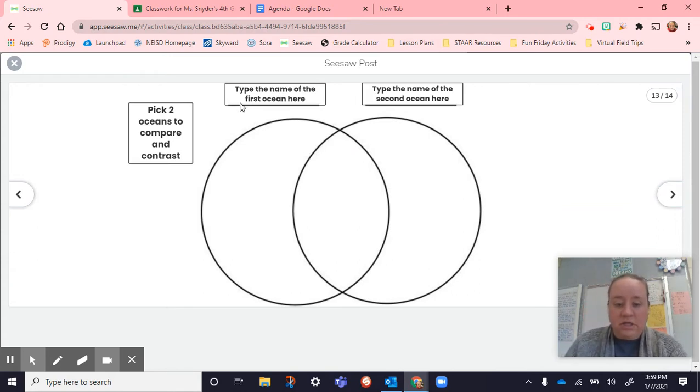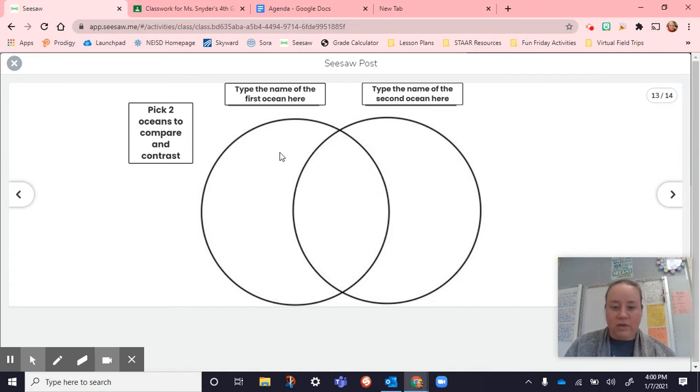We talked about the Arctic Ocean and the depth, how it's a lot more shallow than the other oceans. Then I gave students some time to pick another ocean to look up, and they did some research and we compared them.